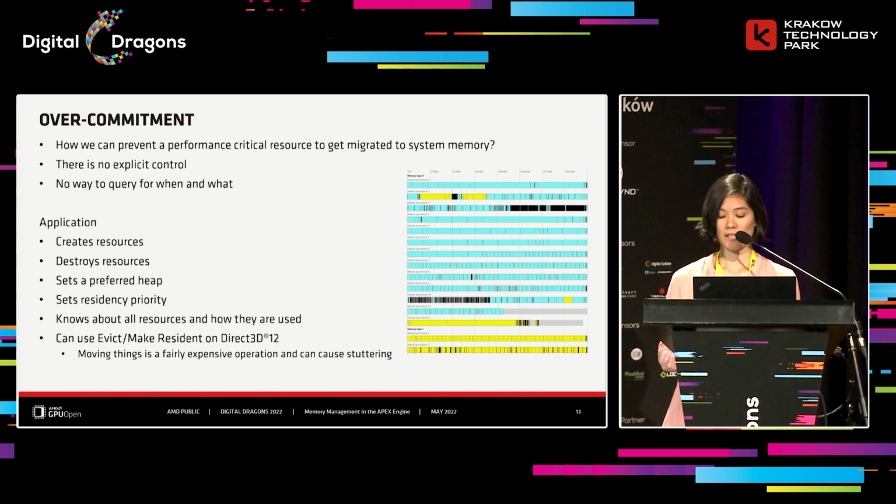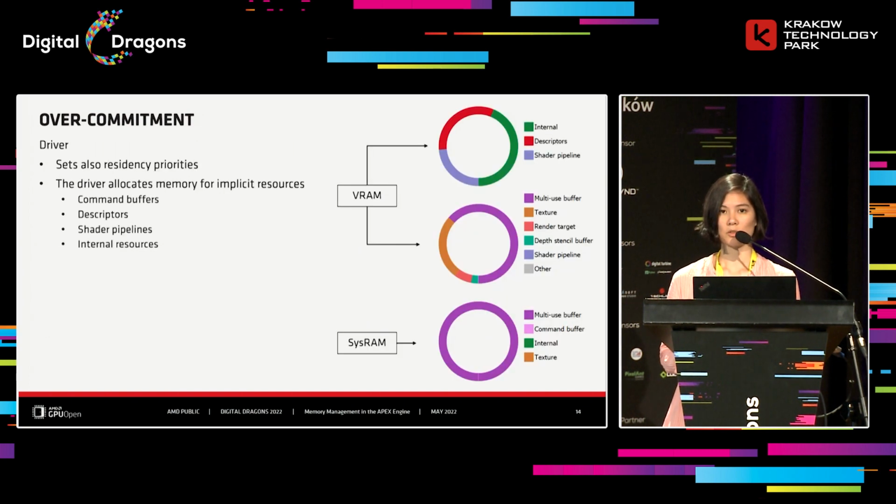So that's what the application is doing. What is the driver doing? And with driver, I mean, in this case, the AMD driver. Or rather, not just the AMD driver, any hardware vendor driver. AMD driver is an example. The driver also sets residency priority.